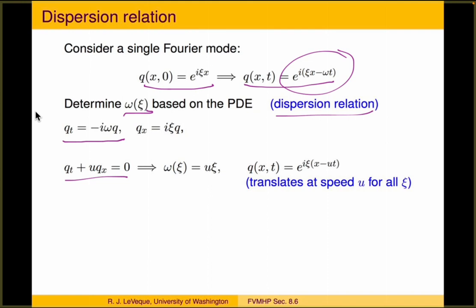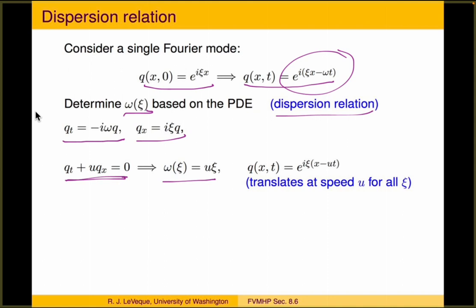If we differentiate with respect to x, then instead we pull down i times ξ. So if we plug those into this advection equation, we end up with minus iω q plus u times iξ q equals 0. So if we solve for ω, we end up with ω is just u times ξ.